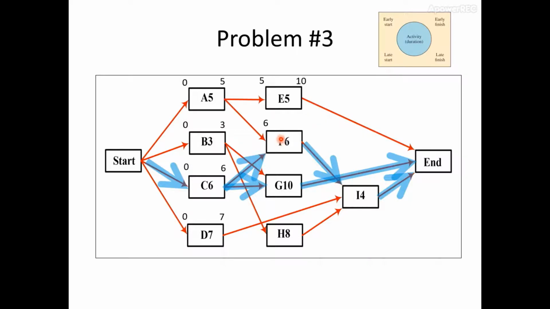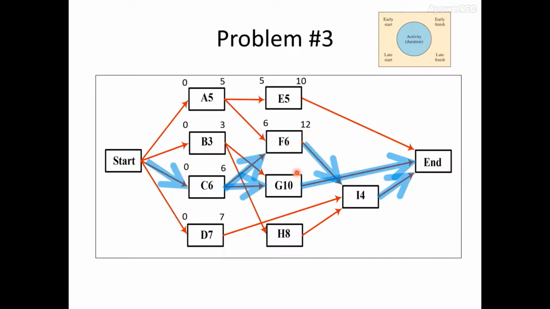For activity F, early start is 6 since it can start right after activity C rather than activity A, and early finish is 12 since it requires 6 weeks to finish.